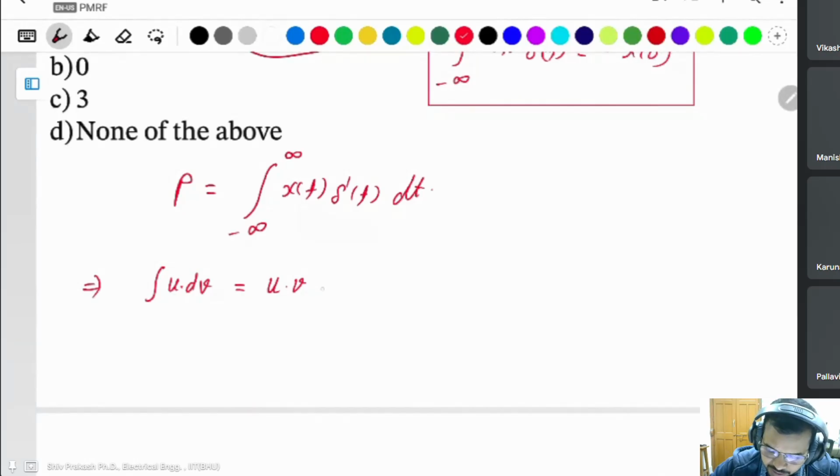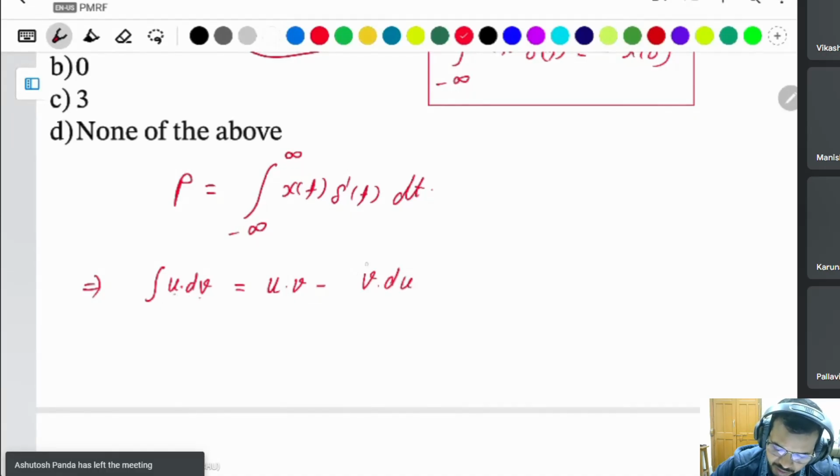The formula is: first signal times the integration of the second, minus the integration of the first differentiation times the second integration, then whole integration. The first integration of this one is v, then the differentiation of the first signal du, then whole integration.